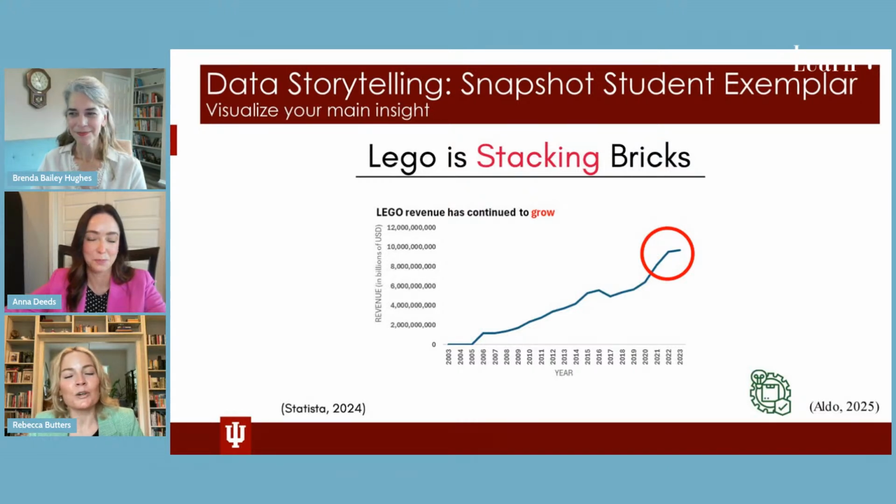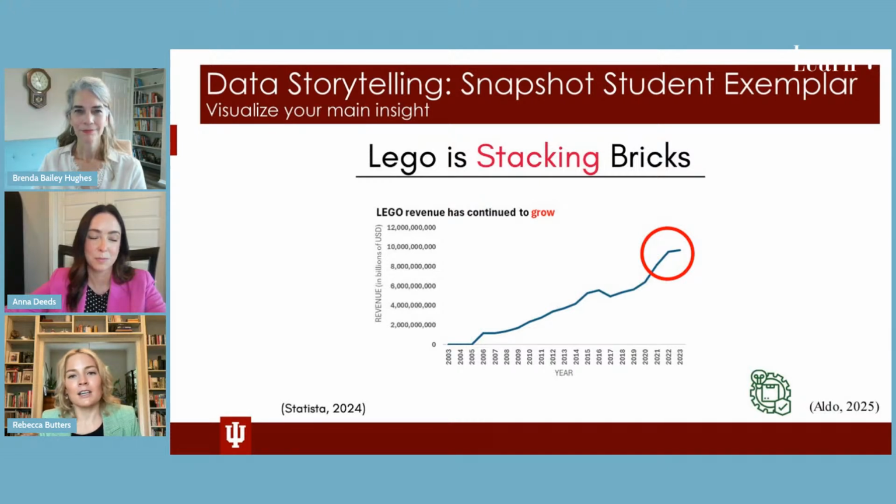But this was an example from this past week in my classroom that I had a student pitching a Lego IKEA collaboration. And you can see here everything we've talked about in practice. We've chosen an effective visual. Time series are typically represented best with line graphs. She's removed a ton of clutter.